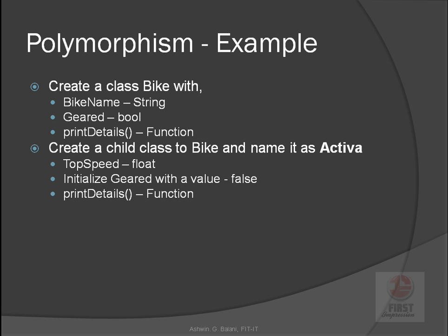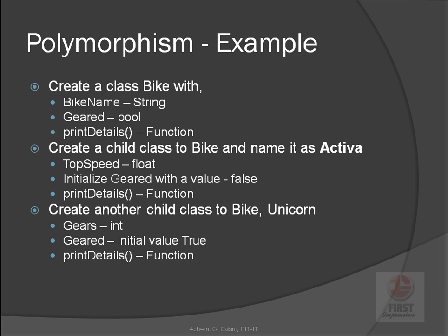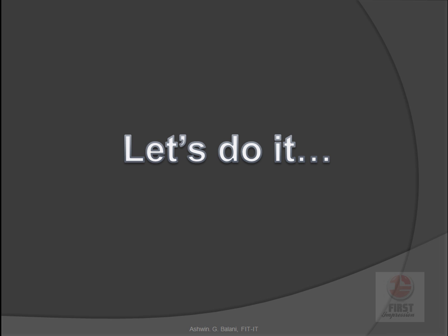Let's have topSpeed as a float variable and a printDetails function. We'll create another child class of this Bike class called Unicorn, and it will have another variable called gears and a function called printDetails. We have to create a TestBike class to test this polymorphism. So let's do it in actual practice and see what the result is.